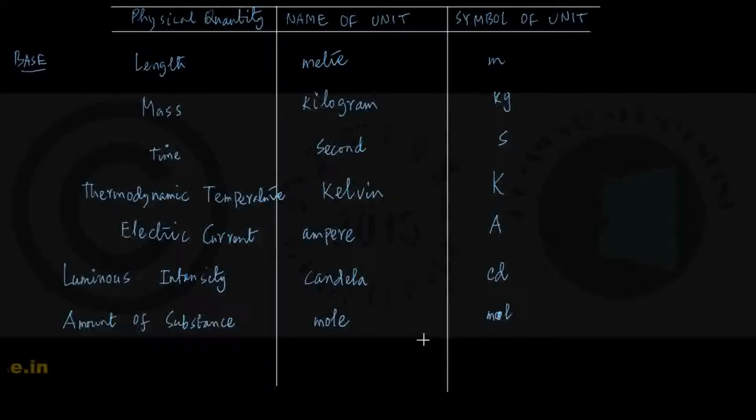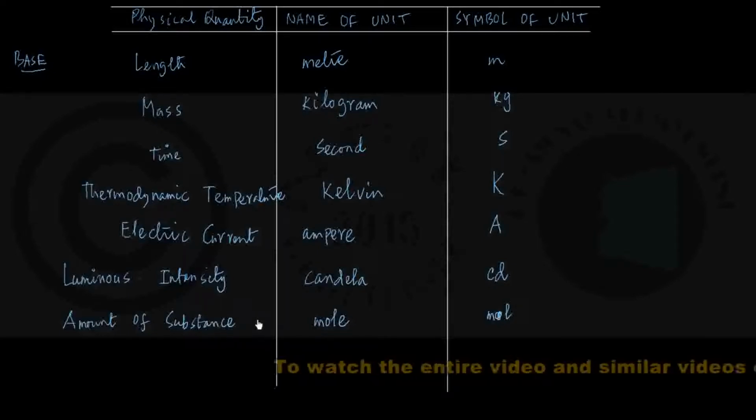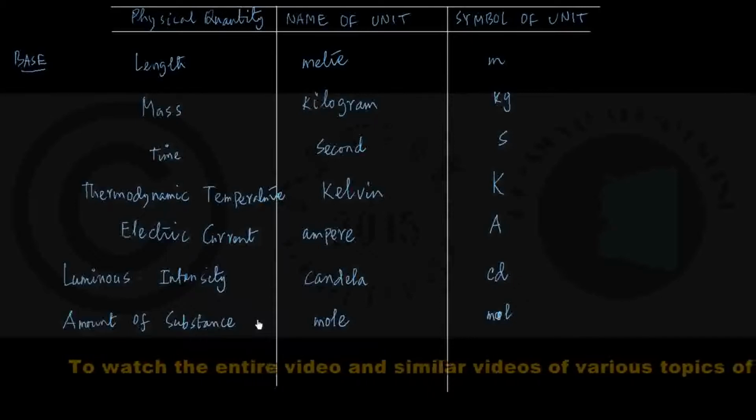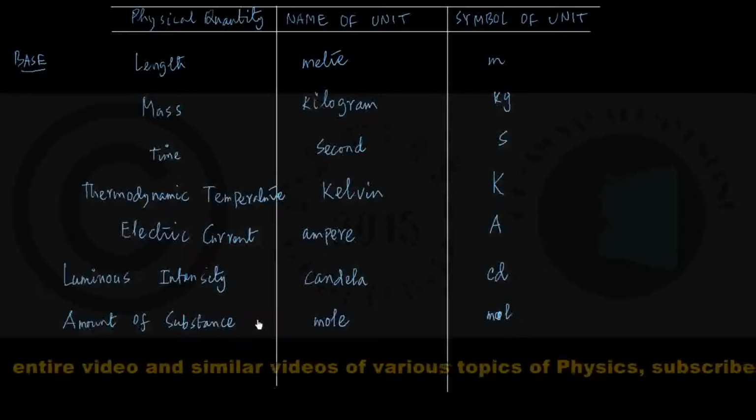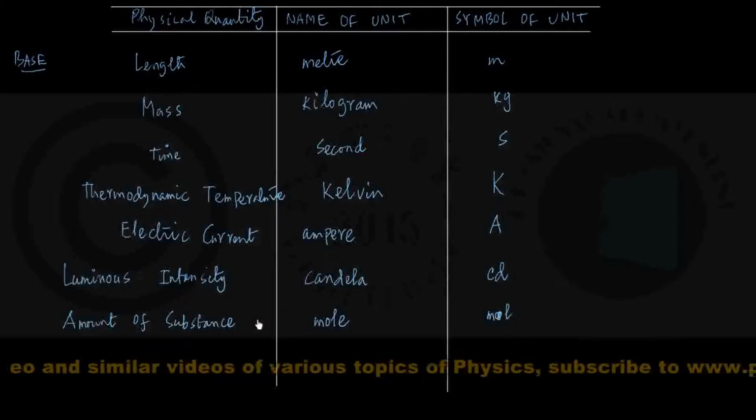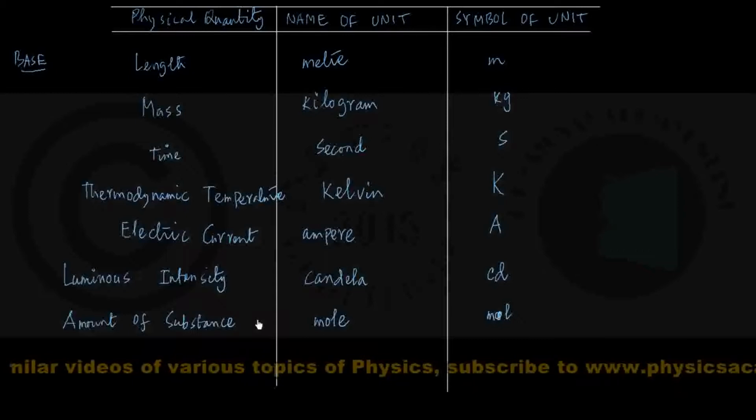The last one, you might wonder, if mass tells me the quantity, the amount of matter in a substance, in a body, then what is amount of substance? Now this unit, that is mole, and this quantity are chosen because by Avogadro's hypothesis, 1 mole is said to be a number of 6.022 × 10^23 entities, which may be atoms, molecules, ions, anything.